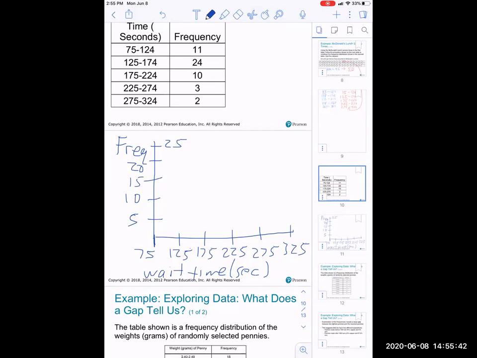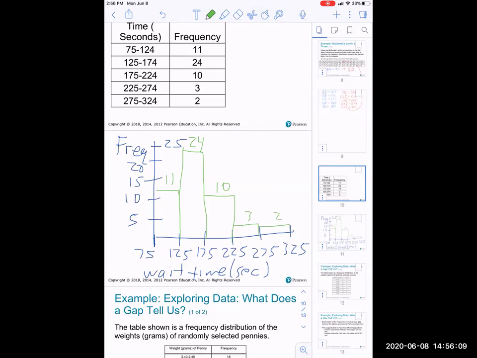So my class width is 50. Maybe I will change some color here. So between 75 and 124, we have 11. The next one, we have 24. And I'm down to 10, 3, and 2.